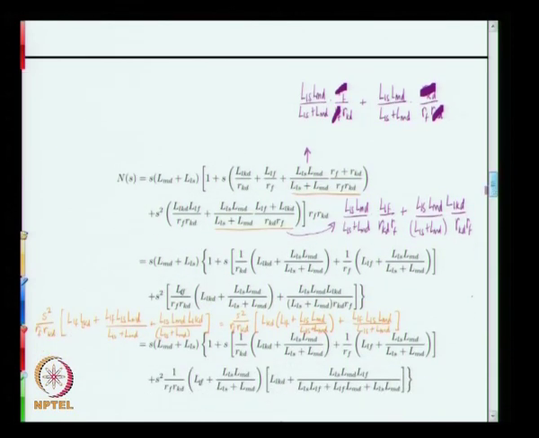Now the denominator can further be expanded in this manner.